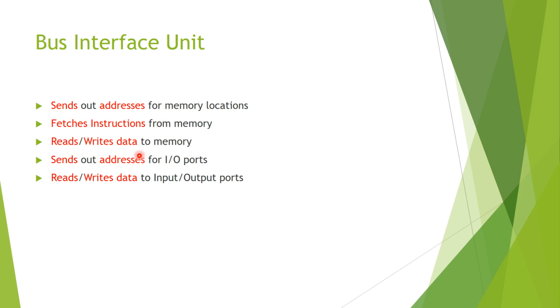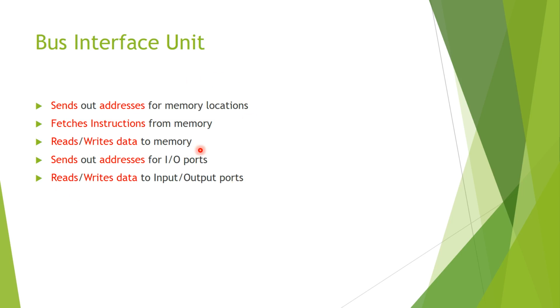It reads and writes the data to the memory. It sends out the addresses for the input output ports and reads and writes the data to the input output ports. That means all the communication with memory locations and the input output device will be done by this bus interface unit, whether we want to read the data, write the data, or fetch the instruction from the memory.